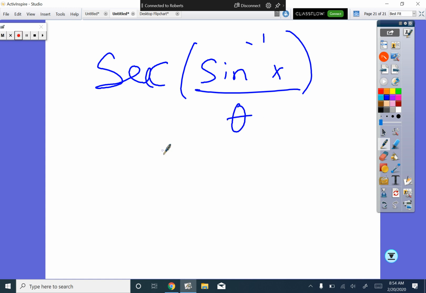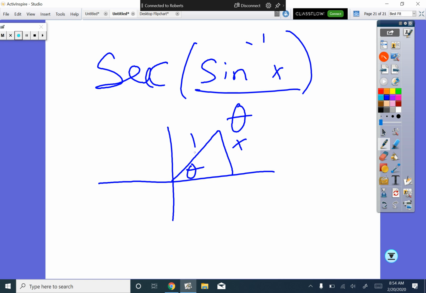So let's go ahead and draw that angle. Well, arc sine, I don't know if it's positive or negative. Do you guys know what x is? So we're just going to assume it's in quadrant 1. Here's the angle. This side is x and this side is 1, because this is x over 1. Would you guys agree with that? The angle is x over 1.